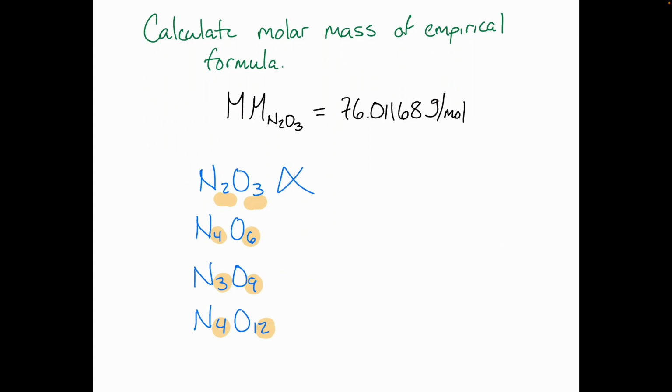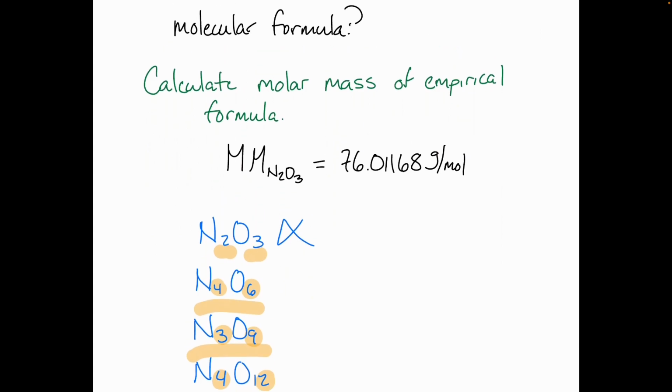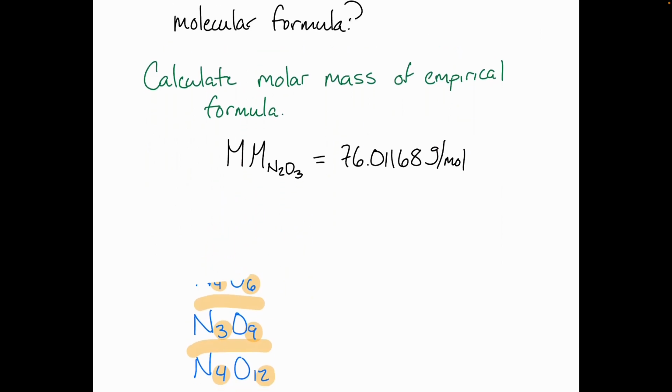Okay, so we could do it the long way where we calculate the molar mass of this guy. Does that check out? No. Move on. Calculate the molar mass of this guy. Does that check out? No. Move on. Or we can make our lives a little bit simpler.